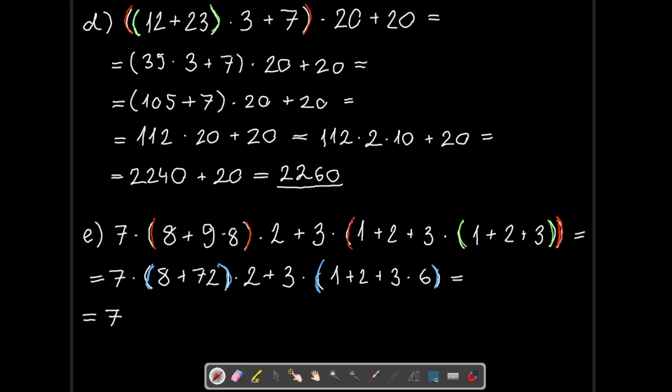So after solving the first bracket we get 80. And let's see. 3 times 6 is 18. Okay.